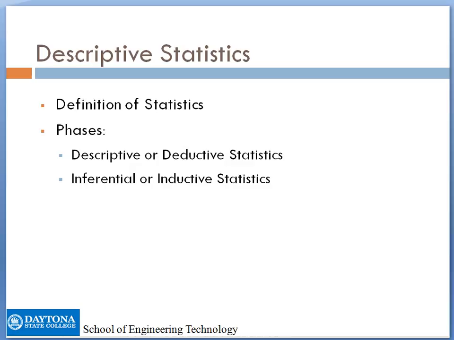The second one, inductive statistics, determines from a limited amount of data, which is what we call the sample, an important conclusion about a much larger amount of data, and this is what we call the population. So inductive statistics help you to understand what will happen with that specific population based on the analysis of a sample size.